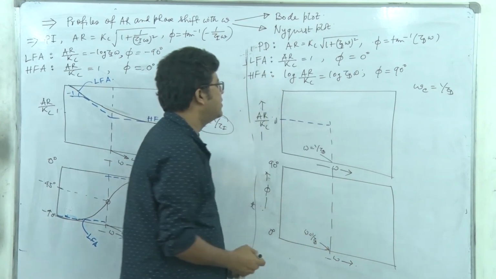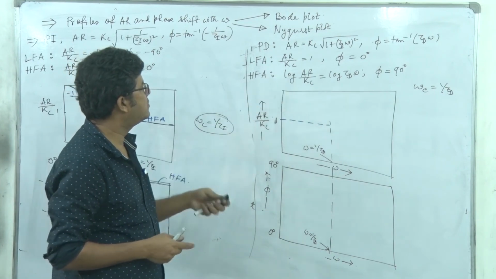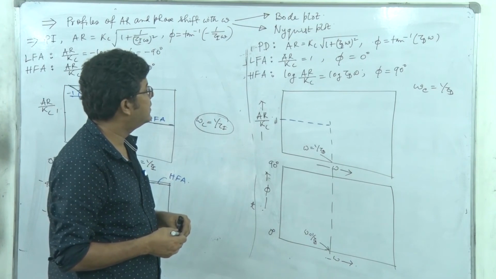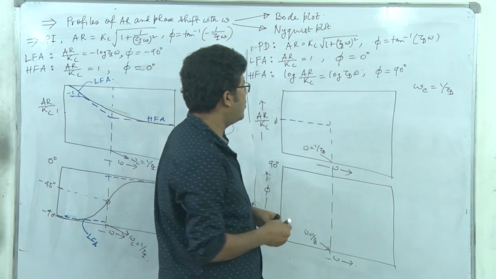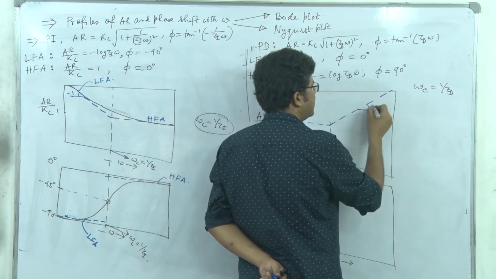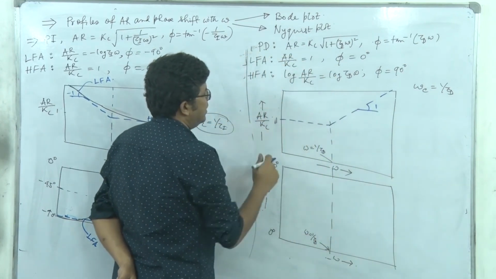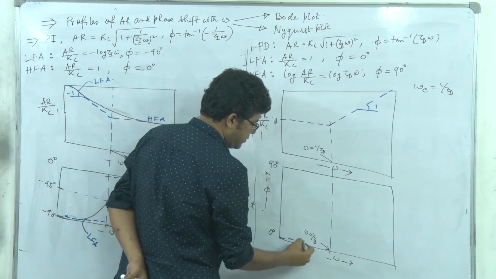Now this HFA equal to this straight line in this omega space, with slope equal to 1. And here in this phase shift, phi is equal to 0 and phi is equal to 90.